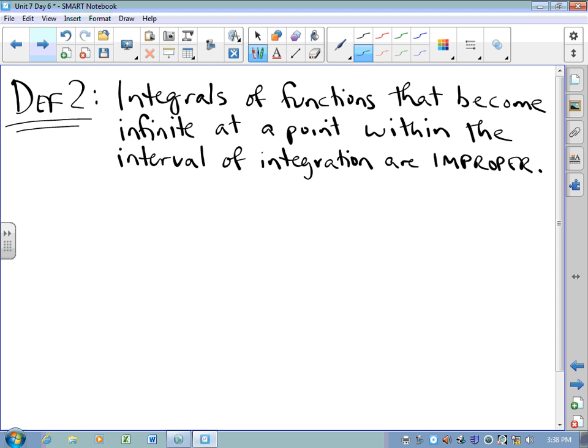So if your interval is infinite, you're improper. And if the function goes to infinity somewhere, you're improper. How do we handle that?